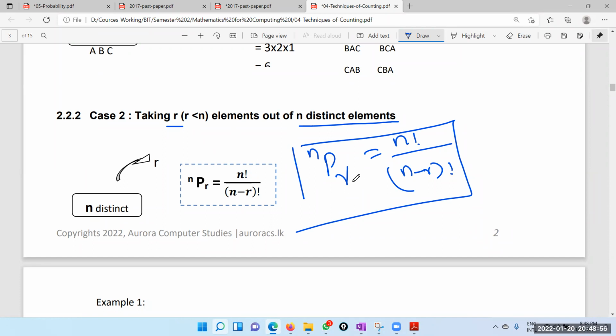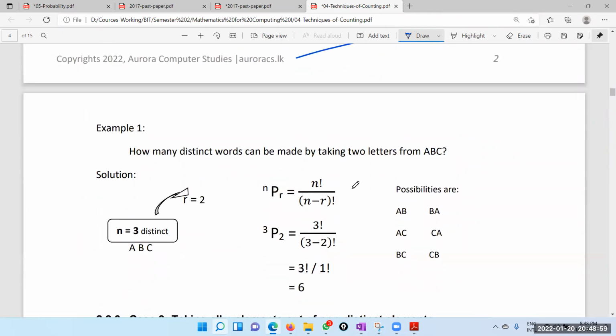Let's take an example. Say I have 3 letters A, B, C. But we are not going to take all 3. If you take all 3, the possibilities are factorial 3, which is 3 into 2 into 1, that is 6.